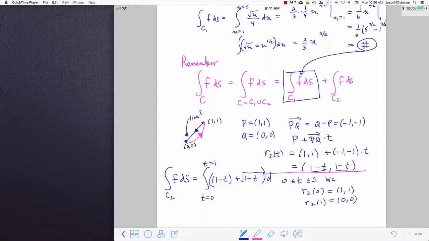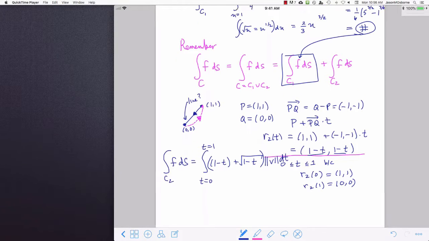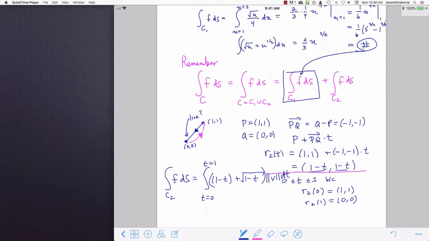And then I need to integrate with respect to time, times the magnitude of the velocity dt. Well, the velocity in this case is equal to negative 1, negative 1, the derivative. The magnitude of the velocity is the square root of 2.